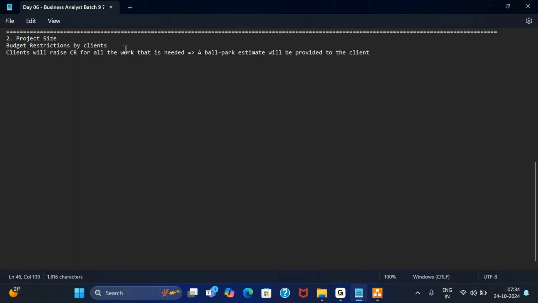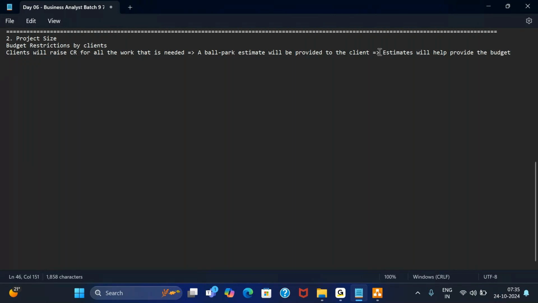Now this estimate will help the client identify how much money they will have to pay. Eventually the client is paying for every person, maybe for every hour that we are working. So we are not giving the budget directly, but we are providing estimates, and those estimates will help identify the budget.